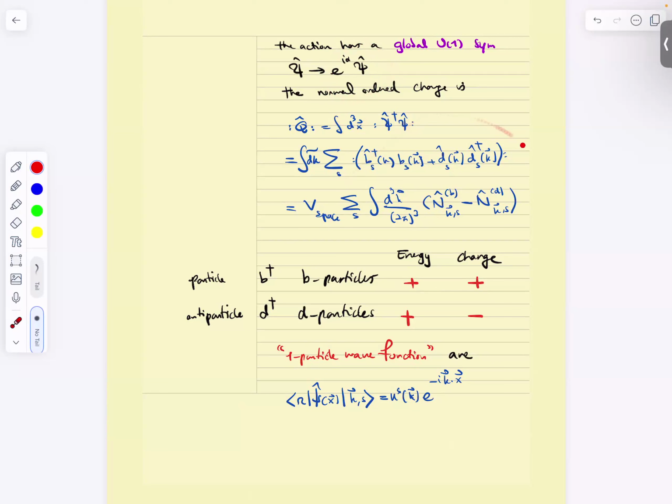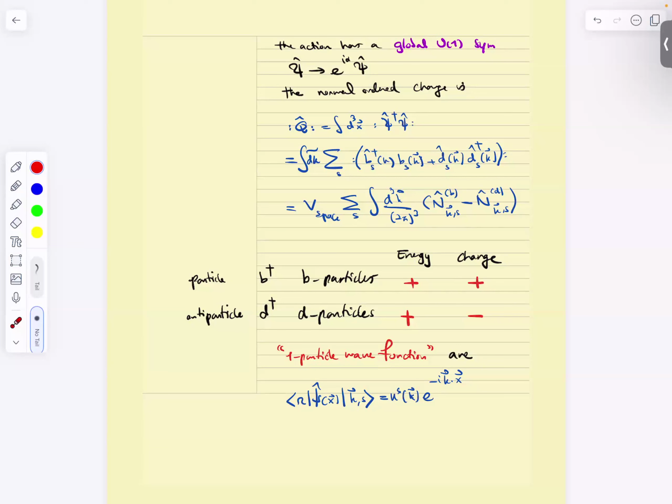Using the mode expansion, you can write this as the difference between the number operator of B and D, which means the charge operator tells you how many particles you have minus how many antiparticles you have, meaning that particles and antiparticles carry opposite charges. That's what it is.